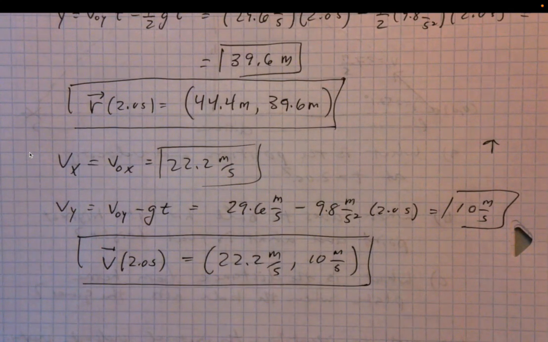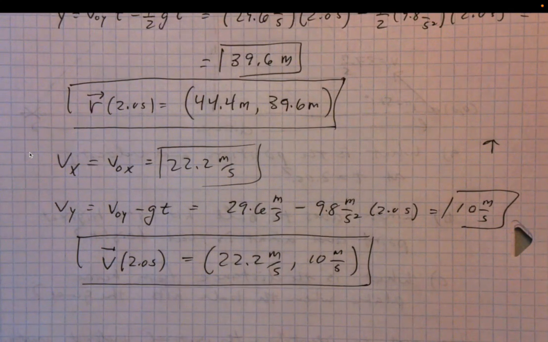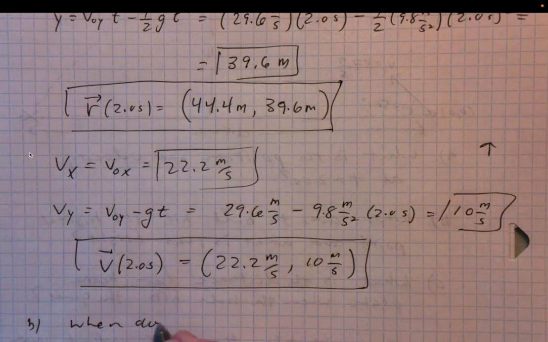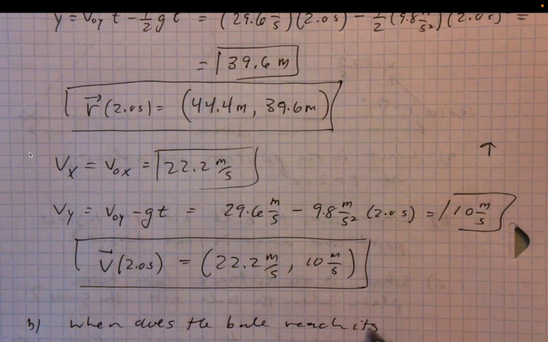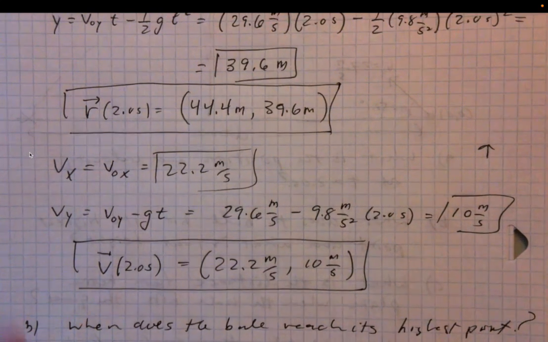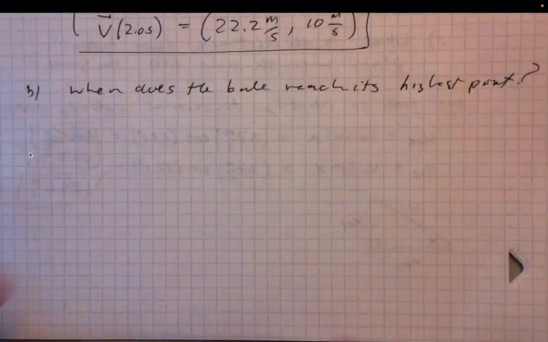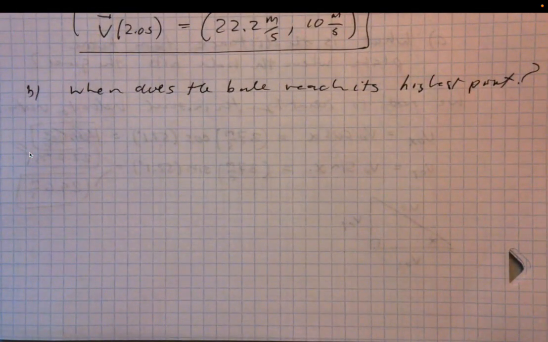Now, what about part B? So part B asks us to find the time when the ball reaches its highest point. So when does the ball reach its highest point? So when does that happen? Well, how do we think about this?